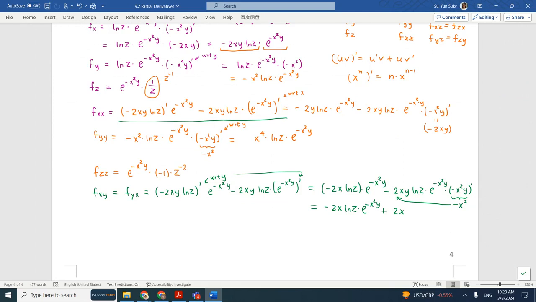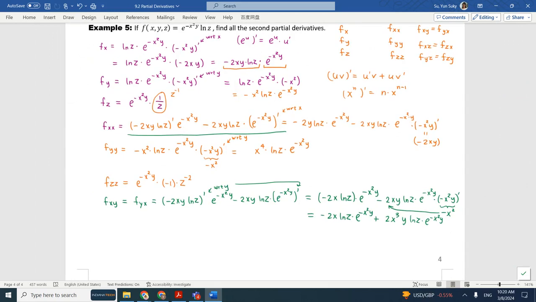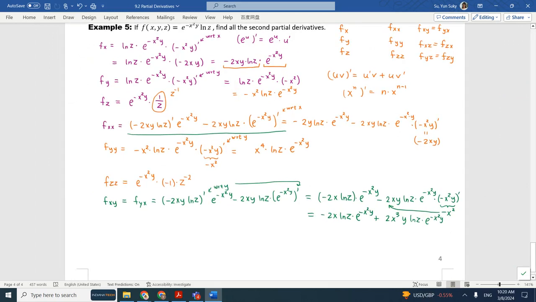We multiply them. Cube, yes. So 2x cubed y and z, and e to the negative x squared y. So we just combine them and then it looks better. All right. So far, so good, everybody?